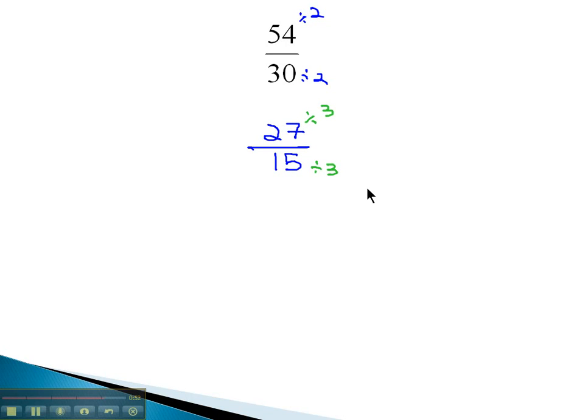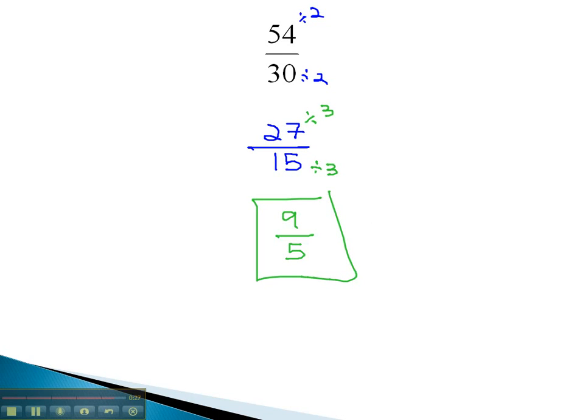And so we're going to divide both of them by 3. 27 divided by 3 is 9. 15 divided by 3 is 5. And now we get this fraction 9/5, which you'll notice has no common factors. There is nothing that we can divide both 9 and 5 by, so 9/5 becomes our reduced solution.